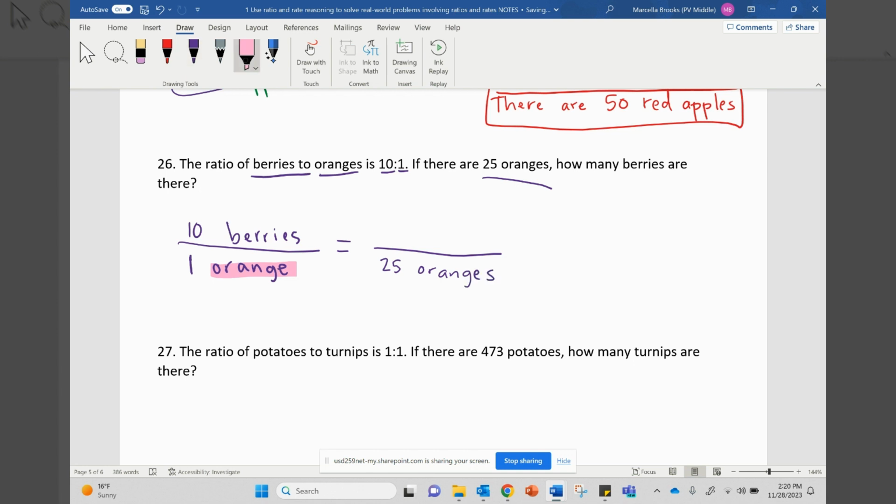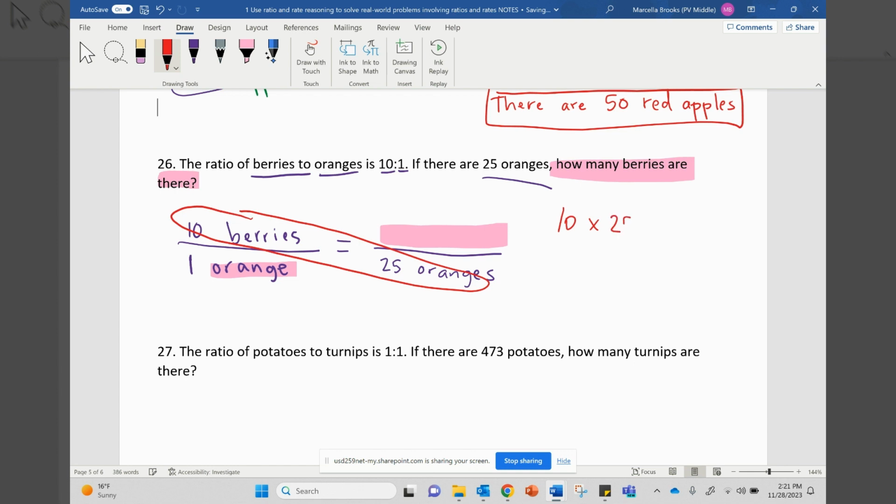And what we're looking for is how many berries are there? That's what's missing here. We don't know how many berries. So we're going to do what we do. We cross multiply. So 10 times 25 equals 250. And then we divide by our only number that's left.